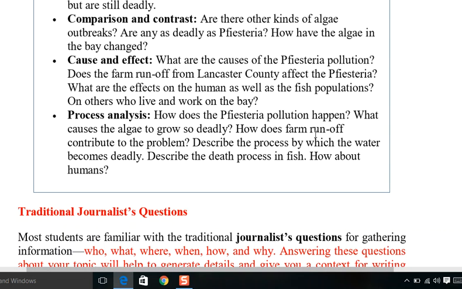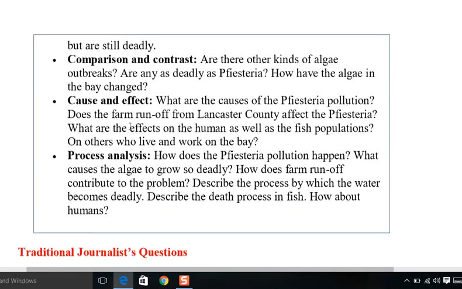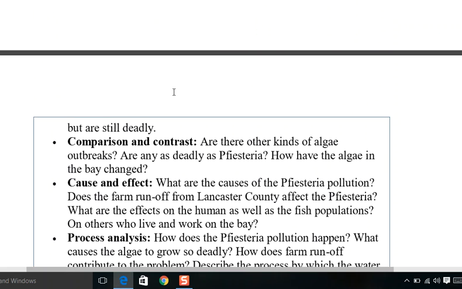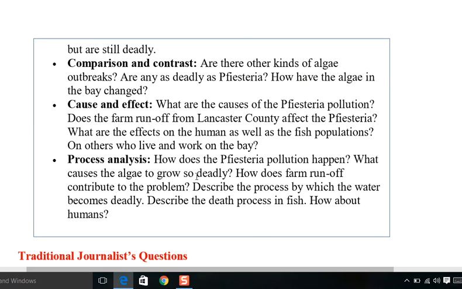How does farm runoff contribute to the problem? This is the way that when you are writing your essay or report, you define things, you divide and classify into subsections, you compare and contrast, analyze the causes and effects, and do process analysis.